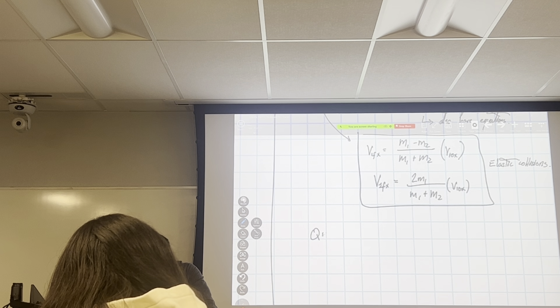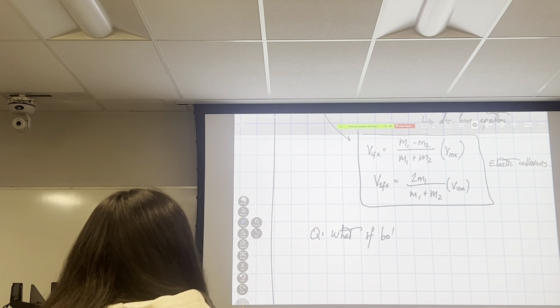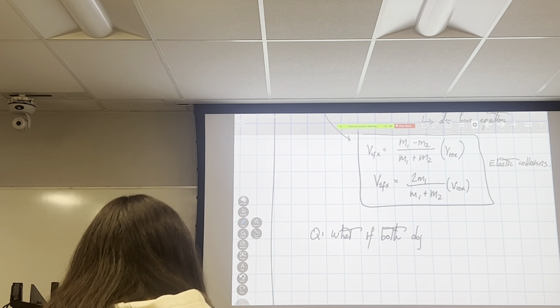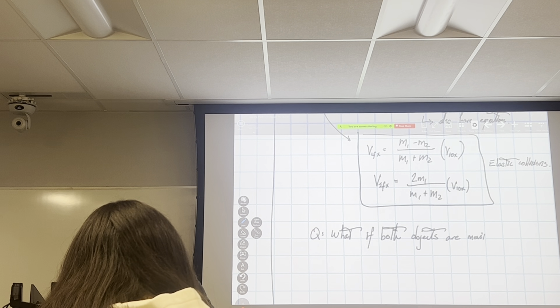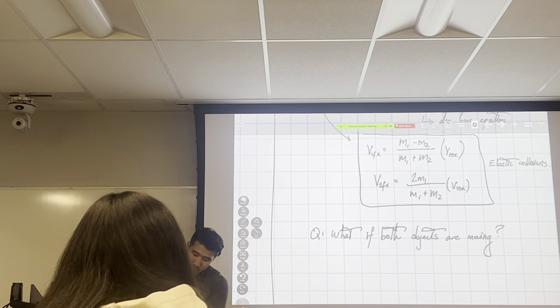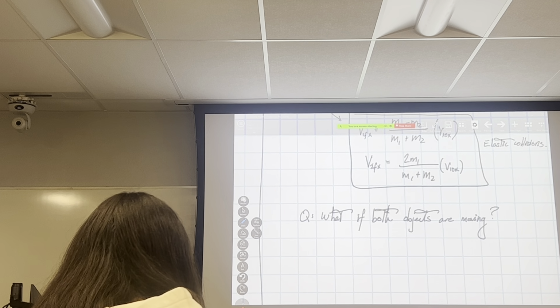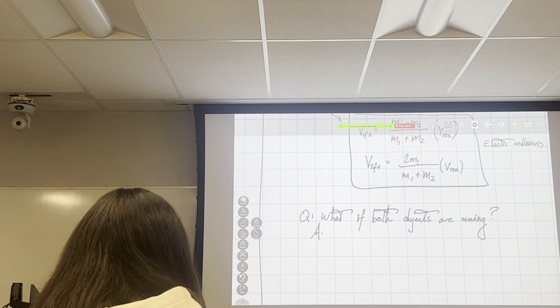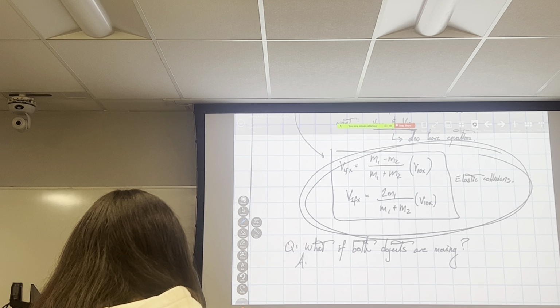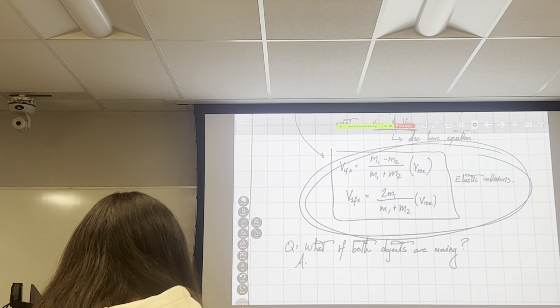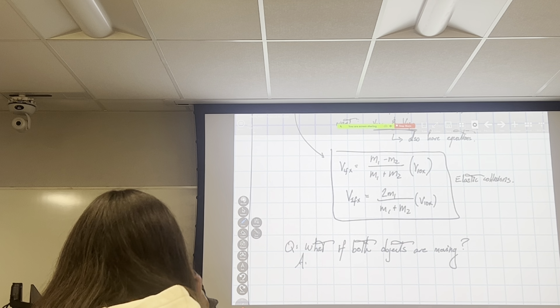So the question we have remaining is, what if both objects are moving? Answer: we can still use this. You can still use these two expressions as long as you make one modification.